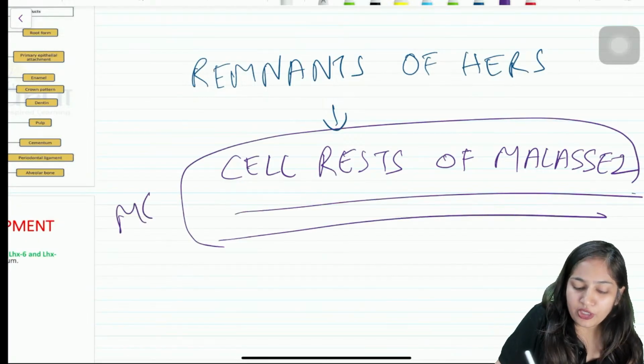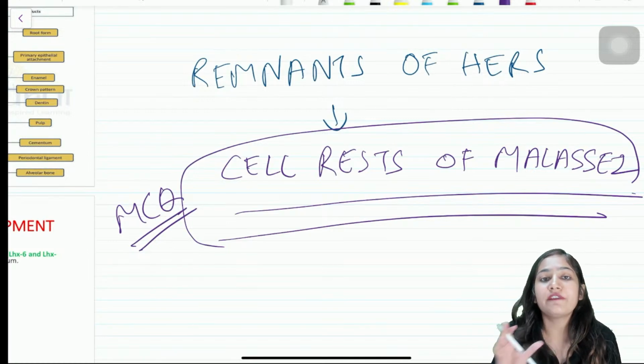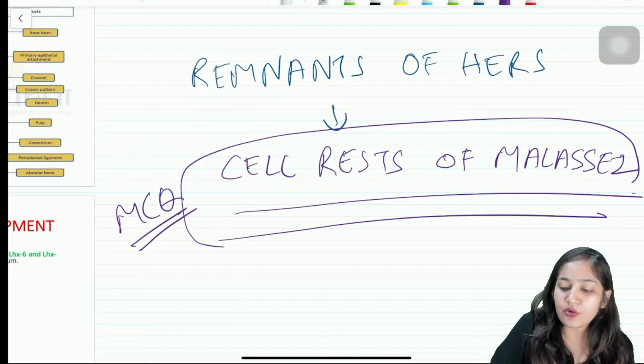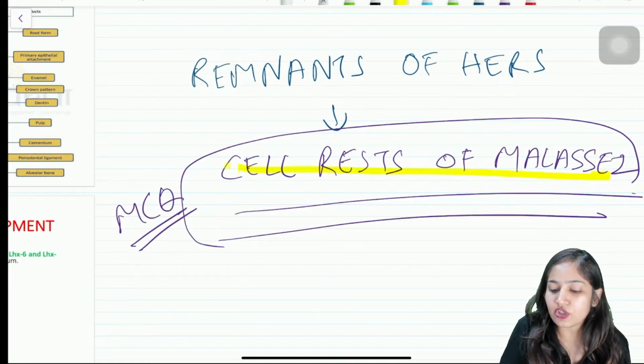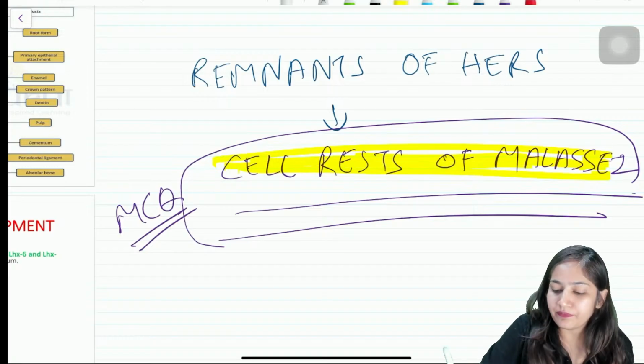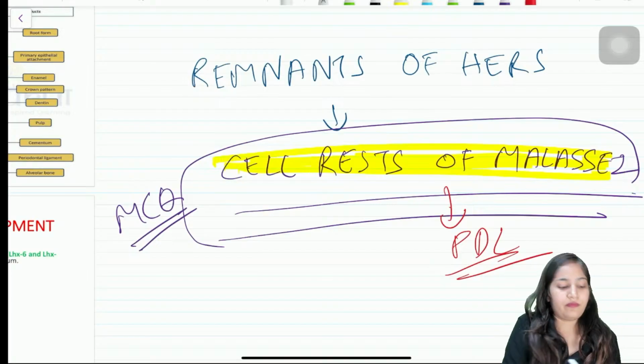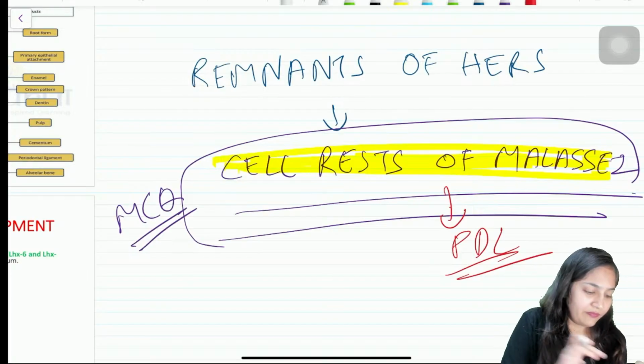This is again an important MCQ question. We have seen cell rests of Serres, which are remnants of dental lamina. Now we are discussing remnants of HERS, which are cell rests of Malassez. They are mainly present in PDL. Right?